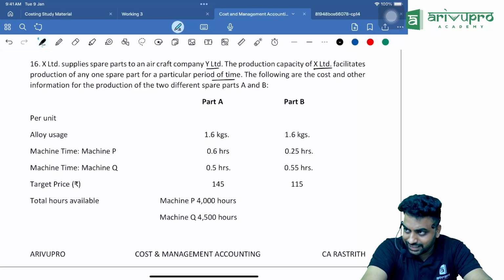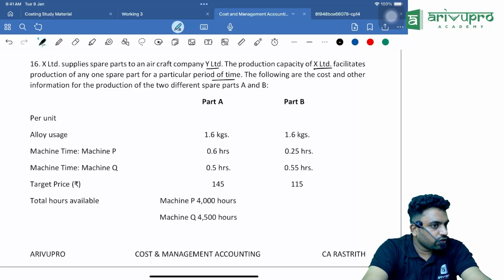X Limited supplies some component to Y Limited. It produces two kinds of spare parts, but you can't produce both together. Either you can produce part A or you can produce part B. Now, which one will you select as a company? Whichever gives us more profit.